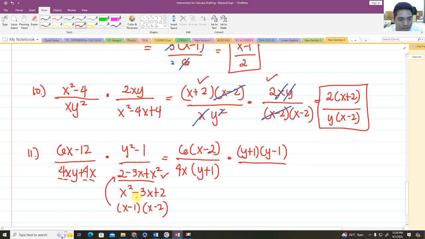So again, since this is inverted, we can rewrite the factors as 1 minus x and then 2 minus x.